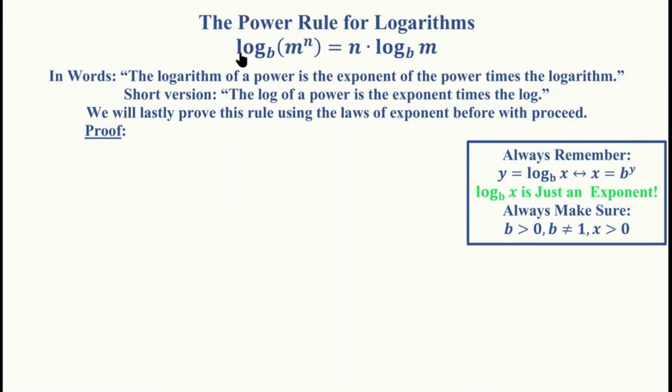So the power rule states that if you have the log of a power, it's going to be the exponent times the log. Now, this power rule is going to be a particularly important rule for us. They're all three are important, but this is extremely unique because we've never seen any rule until now that takes an exponent and makes it something other than an exponent, in this case a factor.